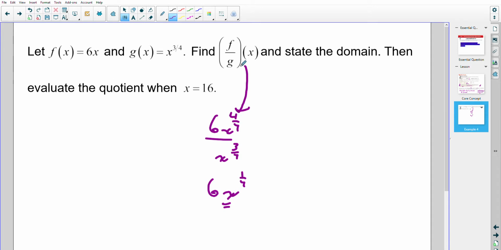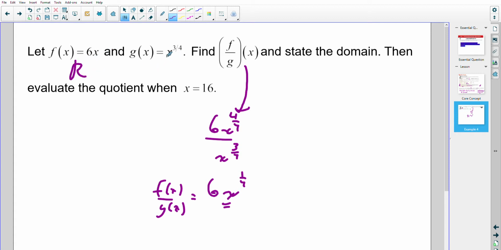This is f of x divided by g of x, right? That's what you're doing here. F of x divided by g of x is equal to 6x to the 1/4. Now, when I evaluate these, the domain of this one is all real numbers.